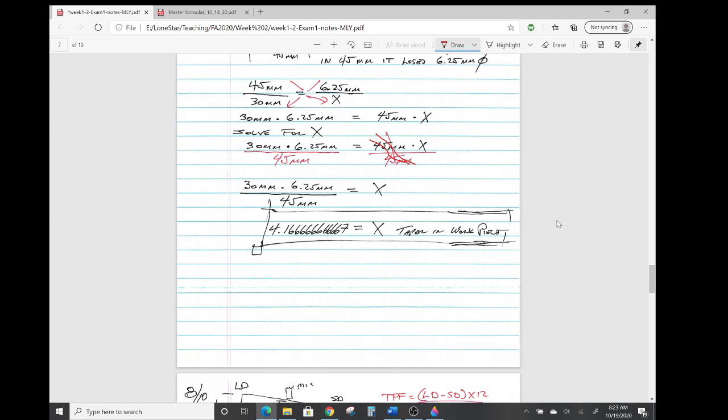You do your math right, and you will get 4.1666666666667, depending on your calculator, how far it takes out your decimals, will equal x. And that's the taper in the workpiece. Okay?